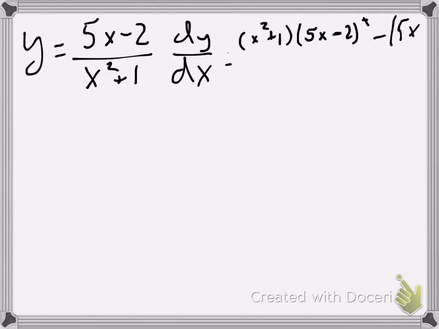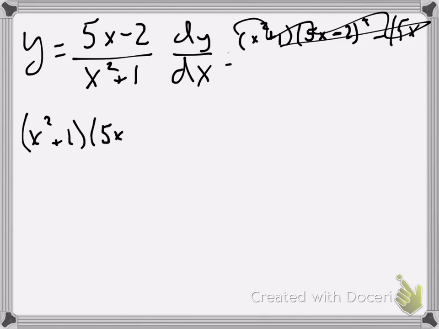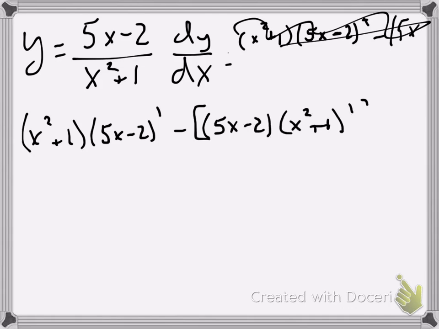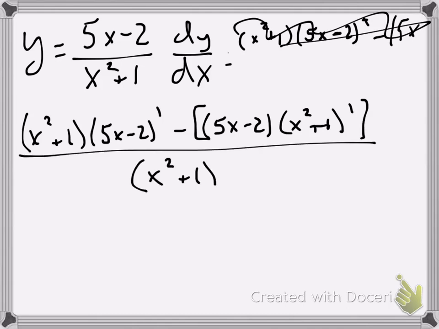Well, you know what, let's do this down the bottom because I'm running out of room. x squared plus 1, bottom, derivative of the top, minus the top, derivative of the bottom, all over the bottom squared.